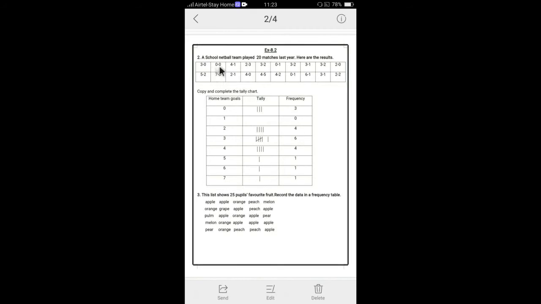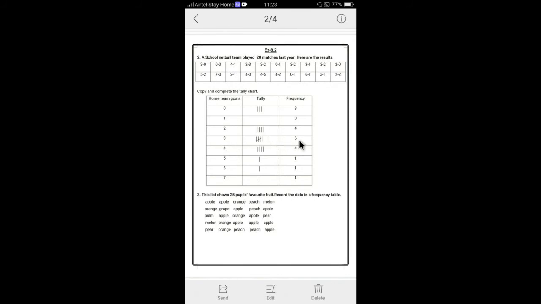If your score is 1, no one scored 1, so it's nil, it's 0. For 2, your score was 2 four times. And for 3, your score is 3 six times.